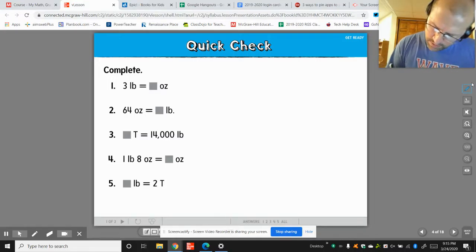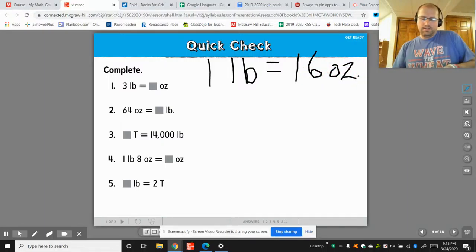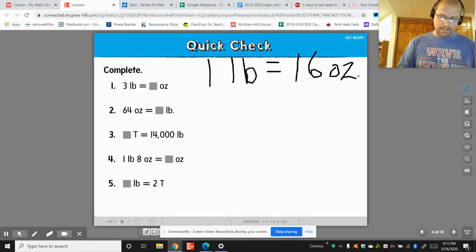There are, in 1 pound, there is 16 ounces, and that has to do with weight. Okay, so I don't think a lot of you want to see my head, but I'm going to use my tablet here and try to get this taken care of. So we're going from pounds to ounces.